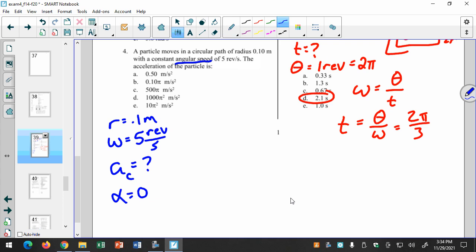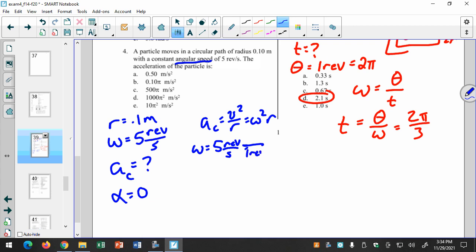All right, so here I'm looking for that centripetal acceleration. But remember that any time I'm looking for centripetal acceleration, which is either v squared over r, or in this case it's going to be easier to do omega squared r, I have to have it in radians. I have to have it in SI units. So omega is 5 revolutions per second.